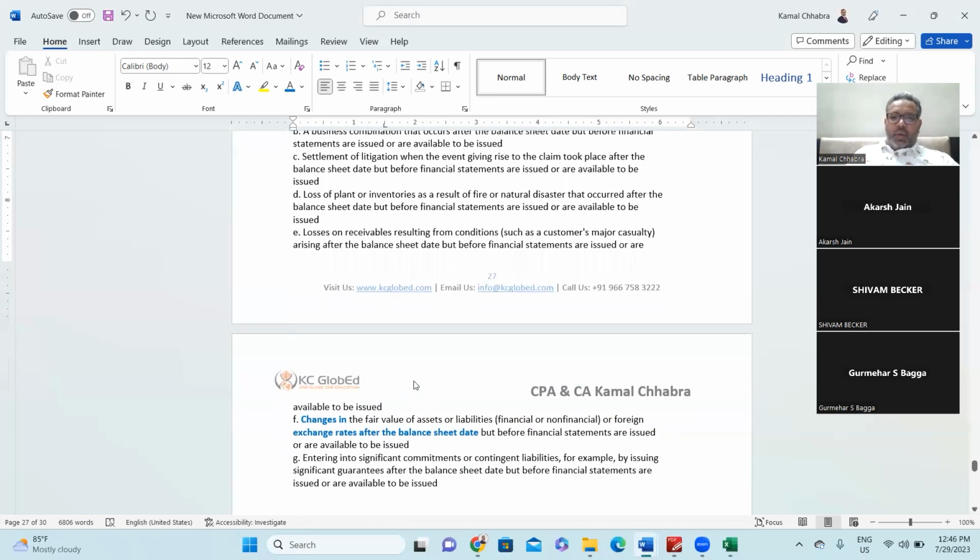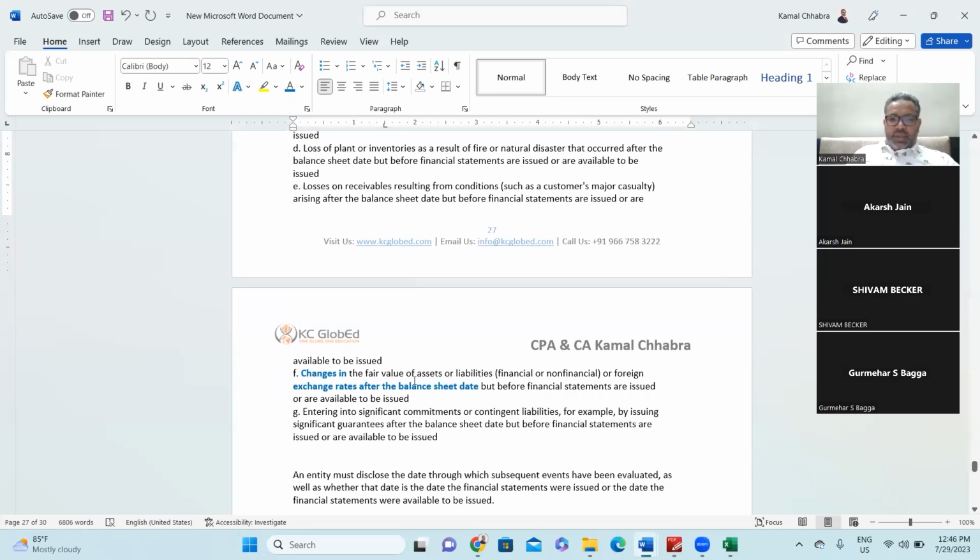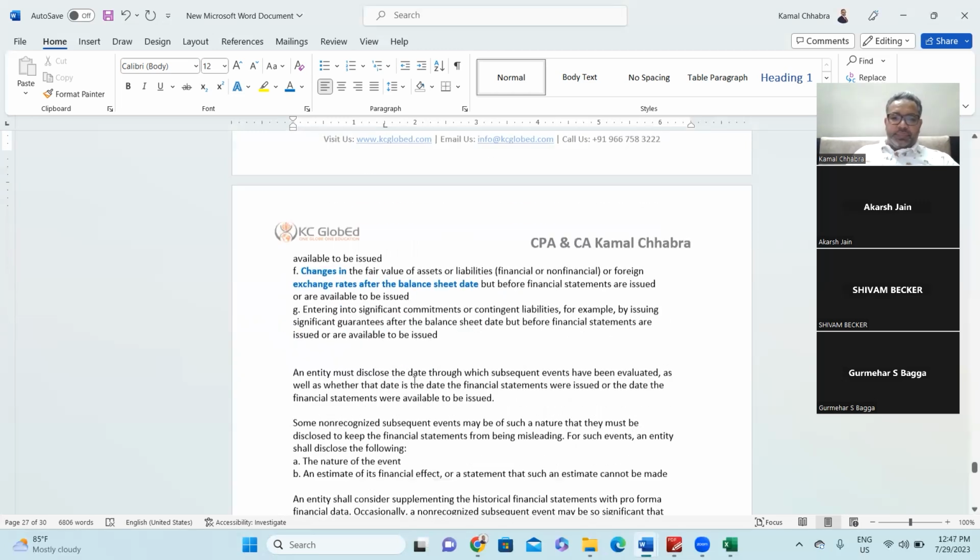Losses of plant or inventory as a result of a natural disaster that occurred after the balance sheet date but before the financial statements are issued or available to be issued. Losses of receivables resulting from conditions such as a customer's major casualty arising after the balance sheet date but before the financial statements are issued, those are also not considered reportable events.